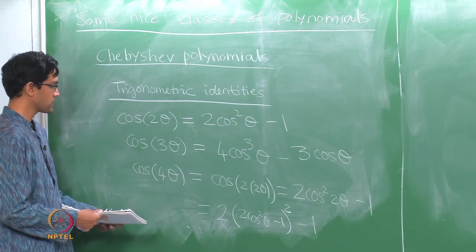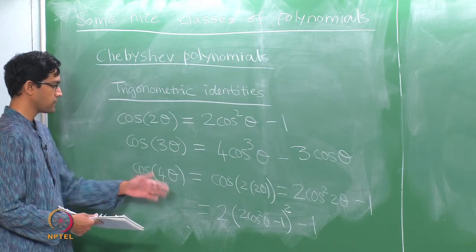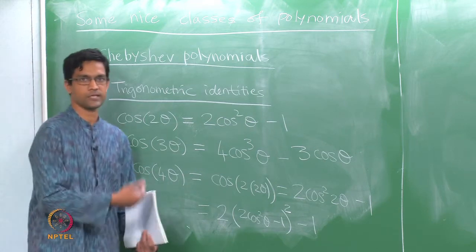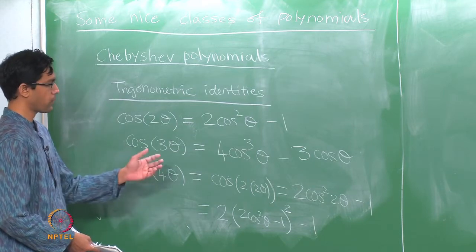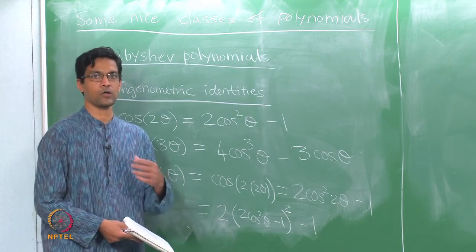The key thing is that if you write cos of n theta for any n, 5 theta, 6 theta, 7 theta and so on, they can all be written as some polynomial in cos theta.